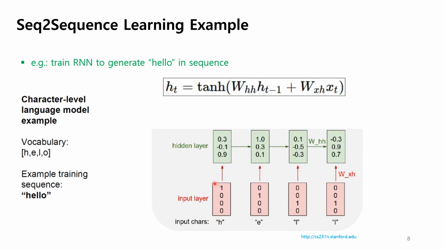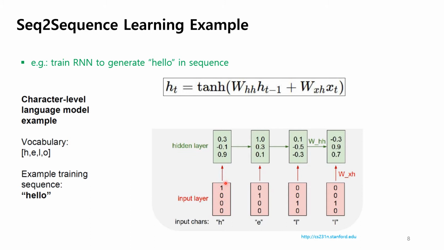By the way, if you look at this input node, it says 1000. This form is called one hot encoding. In this case, we have only 4 vocabulary items, and each bit represents one letter: H, E, L, O. So this one is 1 and the rest are 0.